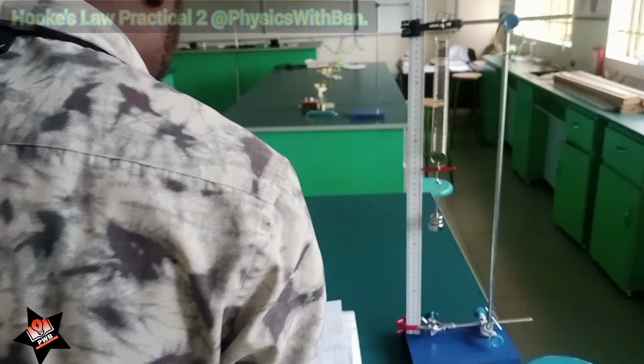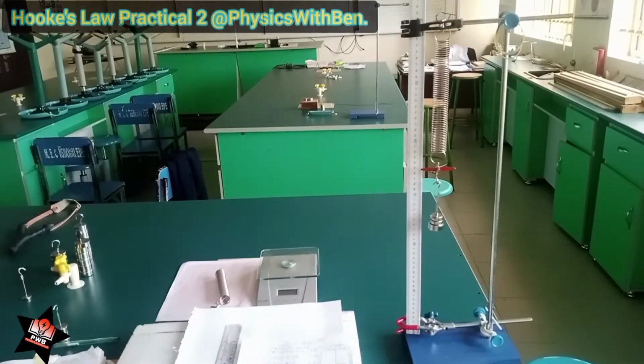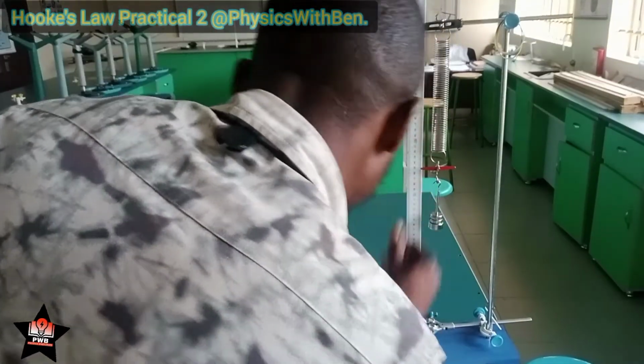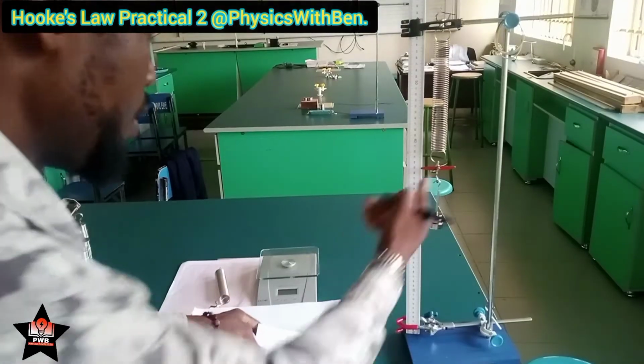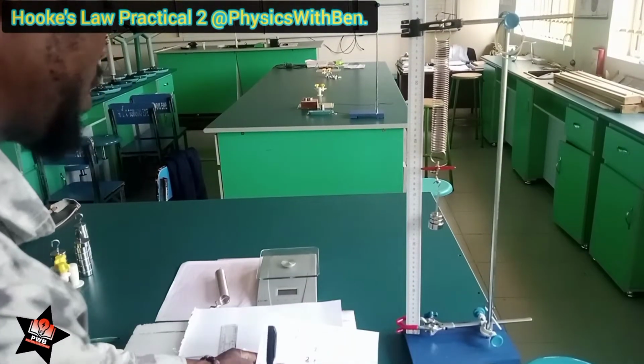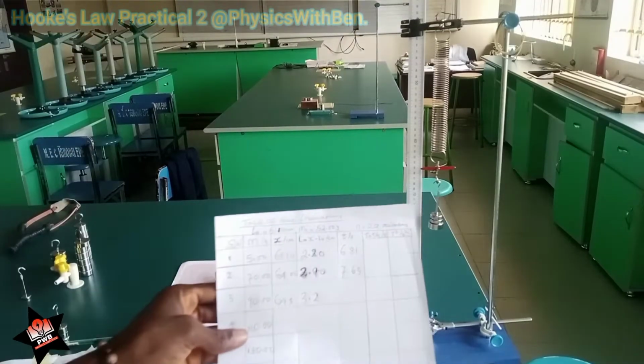So let me correct this. And so this time my pointer is on 64.3, and 64.3 minus 61.1, I got 3.20.